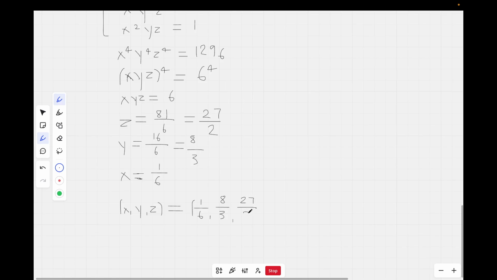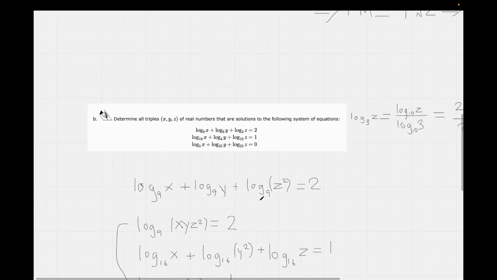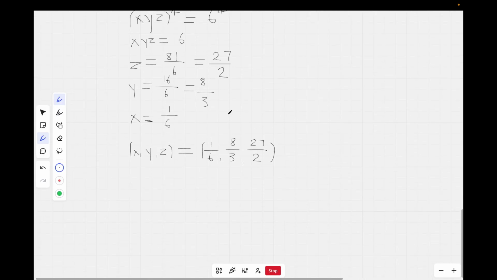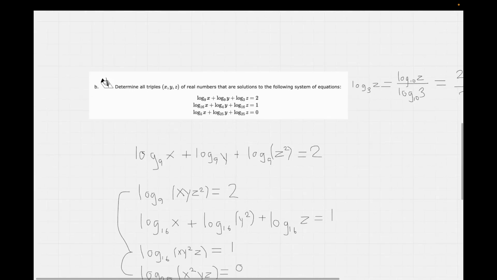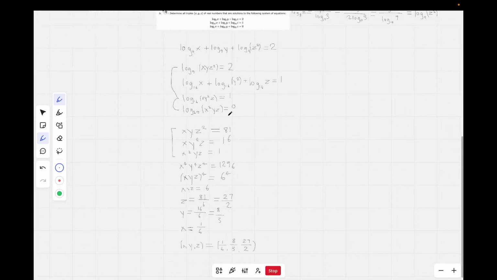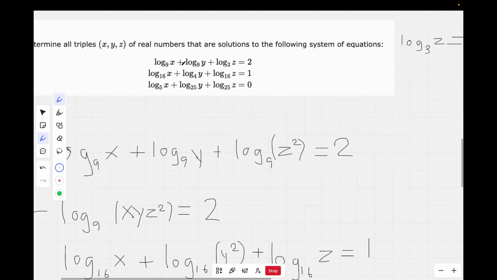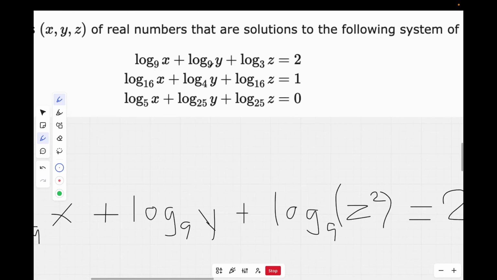And if you check the original equation to make sure there are no extraneous solutions you somehow added along the way, you can check that 1 over 6, 8 over 3, and 27 over 2 does indeed satisfy the original system of equations, and you're done this question. So as a quick summary, for each equation, you notice that there's two bases that are equal, but one of them is the square root of the other two.